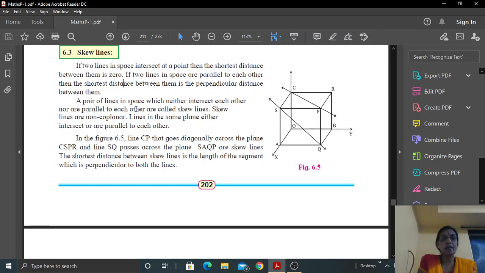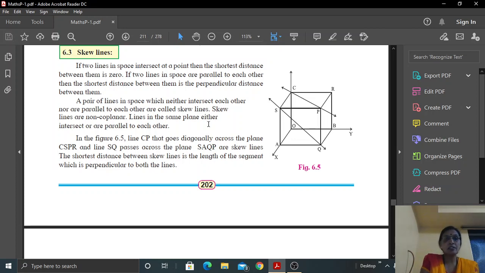A pair of lines in a space which neither intersect each other nor are parallel to each other are called skew lines. You come to know the lines which are neither intersecting nor parallel, these types of lines are called skew lines.